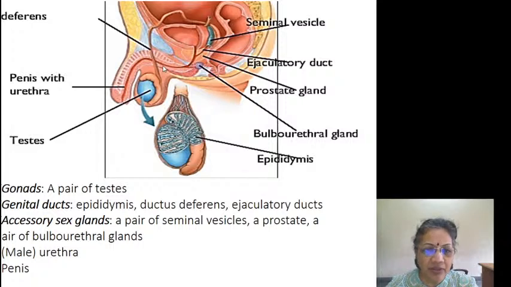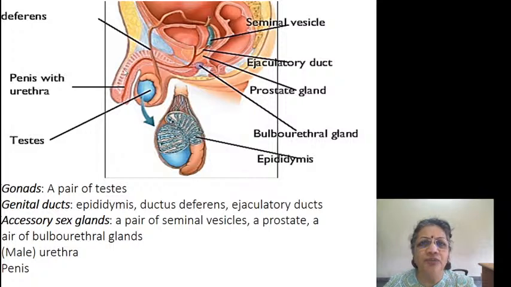Then you have the male urethra, which is basically a passageway, and the penis, which is an external organ in which the urethra runs, but which consists of other tissue also for the purpose of erection, so that the organ can perform intromission, that is entry into the vagina during sexual intercourse. So this also therefore becomes an accessory sex organ.